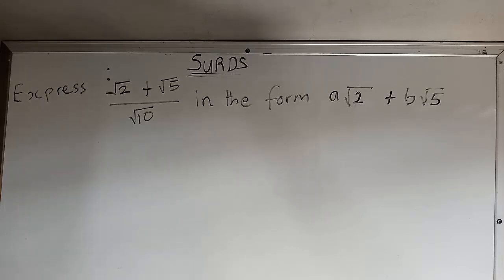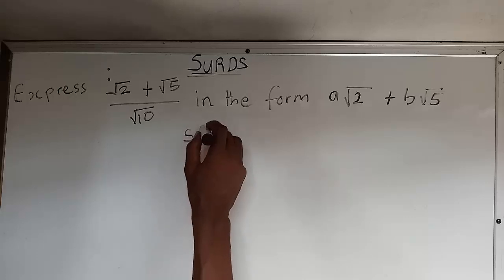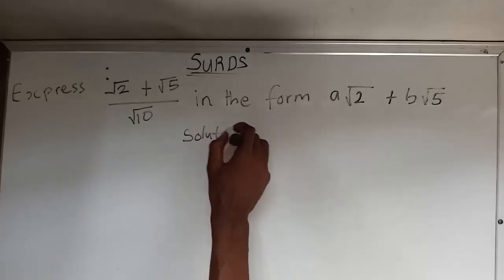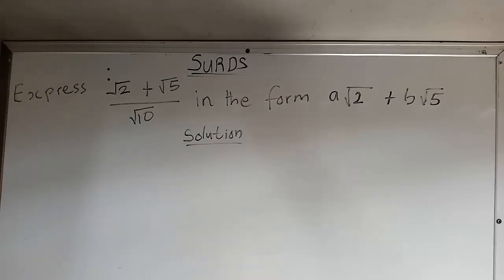So we can see that this surd has a surd in the denominator. So the last property that we talked about, which is rationalization of surds, applies here. So what do we have to do?